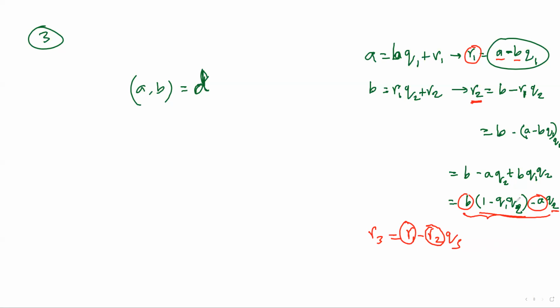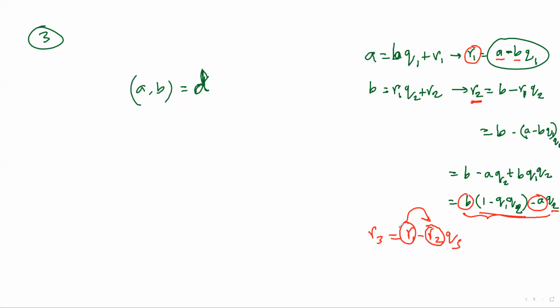And after both replacements, you should be able to see that since R1 and R2 are both integer linear combinations of A and B, their integer linear combination is going to be again an integer linear combination of A and B. The final end result would be an integer linear combination of A and B. This time, the coefficients are going to look even uglier.